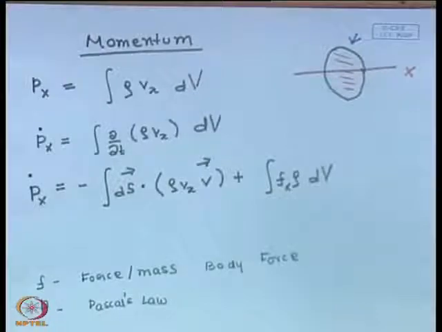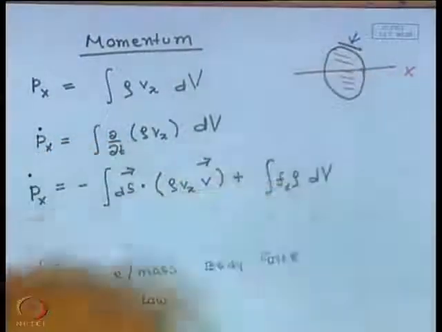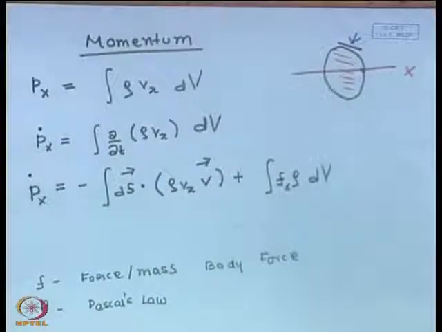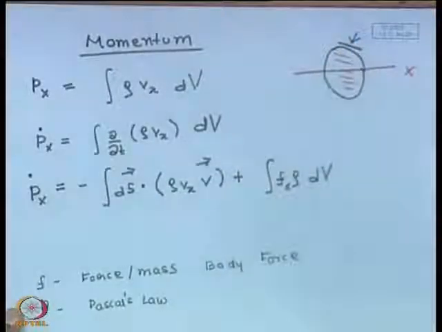So, if I take a surface over here, the force due to the pressure is going to be normal to the surface. So, the force due to the pressure is going to act in the same direction as ds, the surface area. Okay.